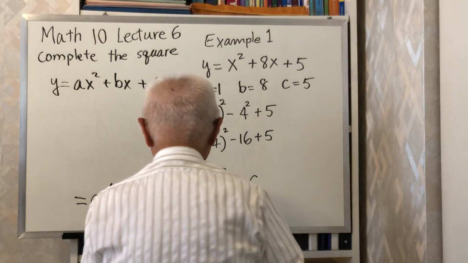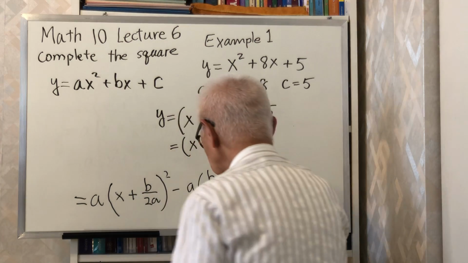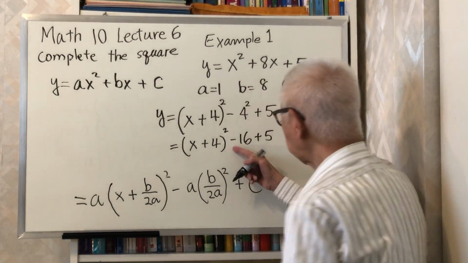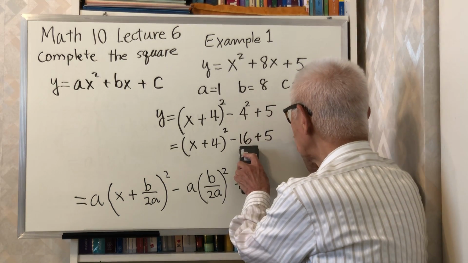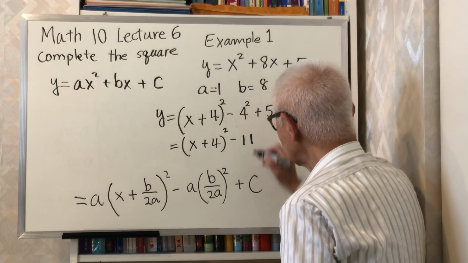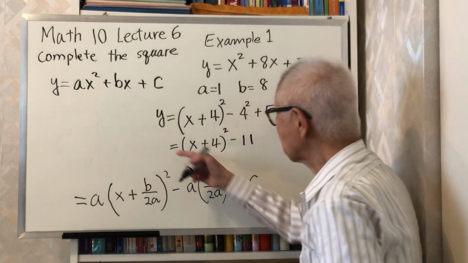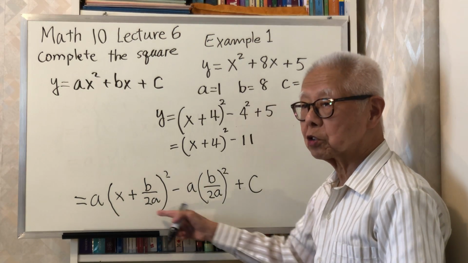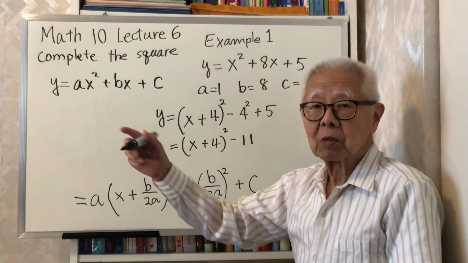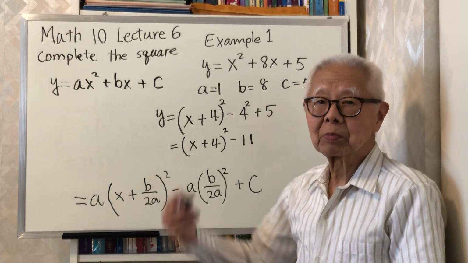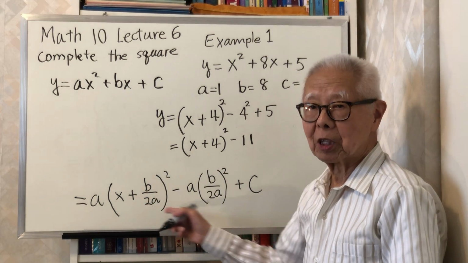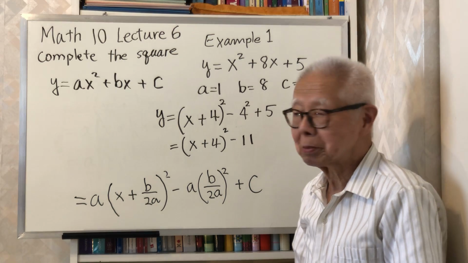So I just rewrite this. Minus 16 plus 5 is minus 11. So this is my result of completing the square. Just use the final form. Of course, you can do every step. But if you can remember this, why not do it quicker?